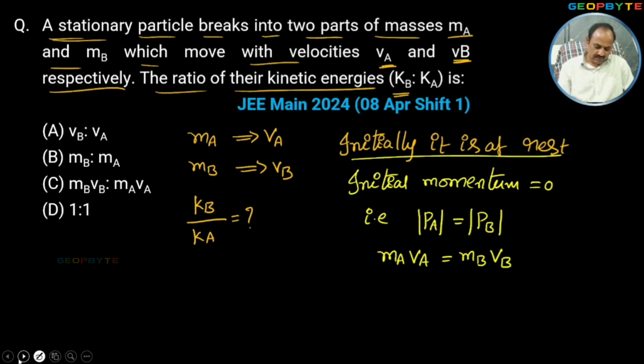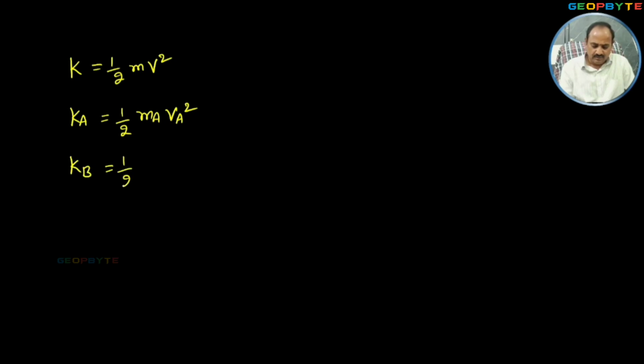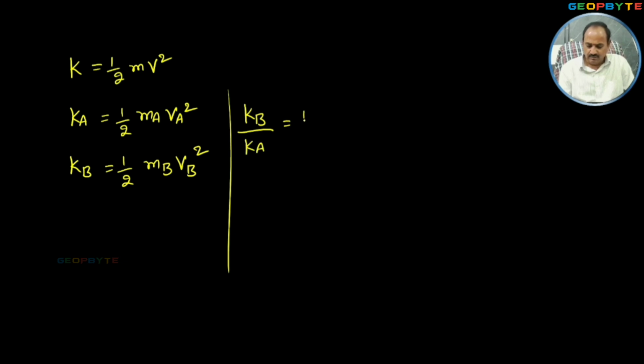Then, as you know, the kinetic energy K equals half mv square. Kinetic energy of A equals half into MA into VA square. Kinetic energy of B equals half into MB into VB square. Then kinetic energy of B by kinetic energy of A equals half MB VB square by half MA VA square.